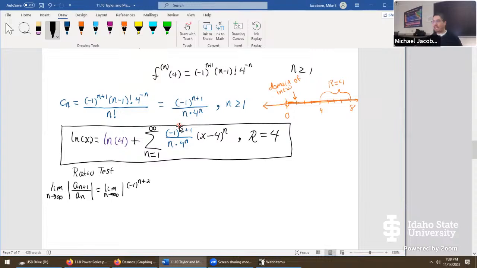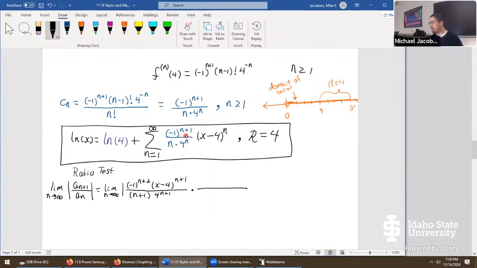Honestly, though, you're taking the absolute value of that. If you didn't even write in the -1 to a power, I'd assume that you just visualized it canceling already by the absolute value. Next part is x minus 4 to the power n plus 1. Denominator, we've got n plus 1 times 4 to the power n plus 1. And now we multiply by the reciprocal of this, just as the indexes are.